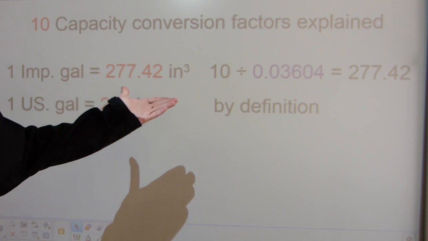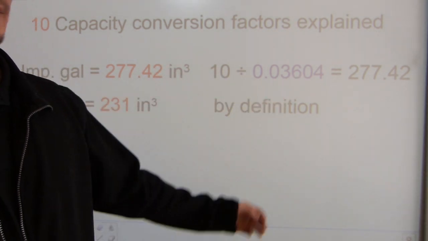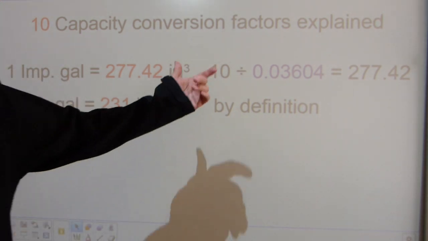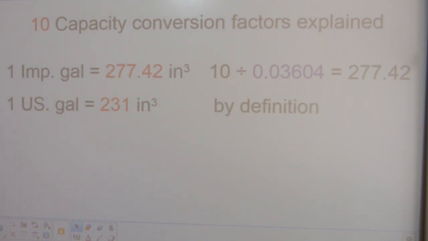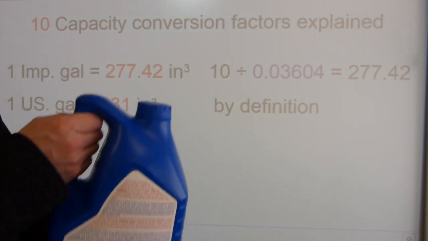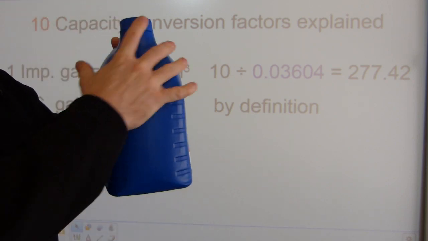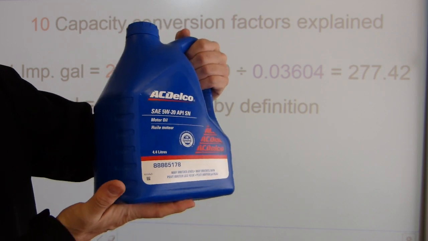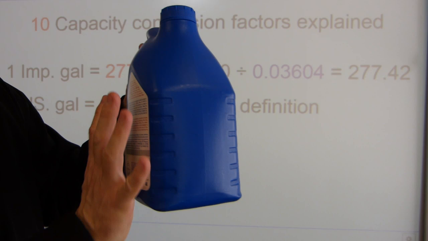This 277 comes from a division fact. If you divide 10 by that other number, you're going to get 277 plus change, all of the decimal digits. So what are these 2 numbers? The black one, 10, is a number that was purposefully picked. 1 Imperial gallon was defined in 1824 as the amount of space that 10 pounds of water, pure water, and more about it later, wants to take up.